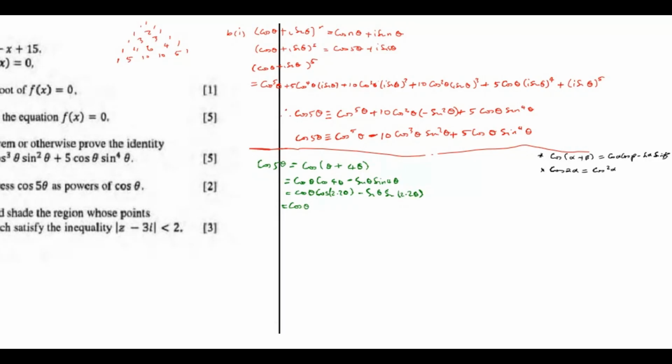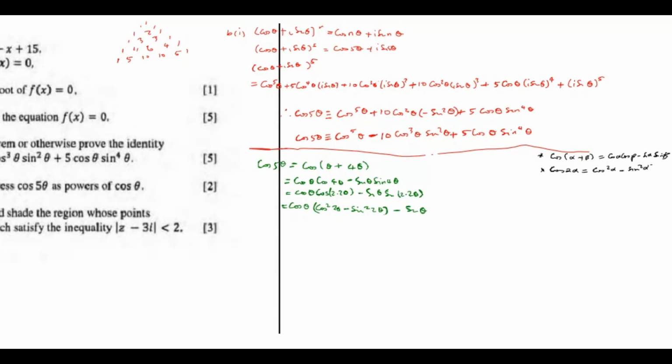So where there is that, we substitute, so it becomes cos squared 2 theta minus sine squared 2 theta, minus sine theta.